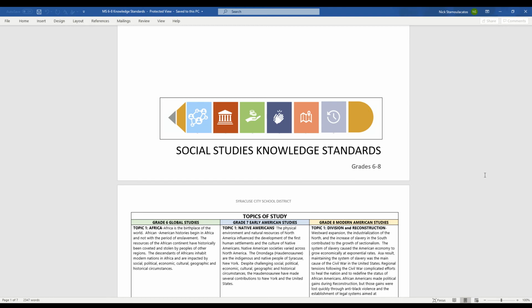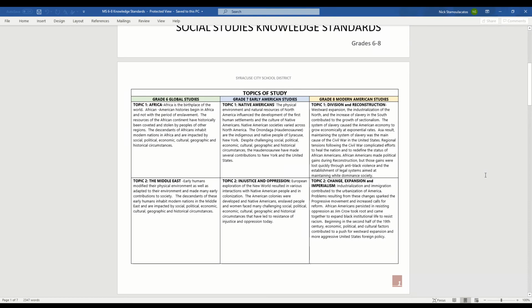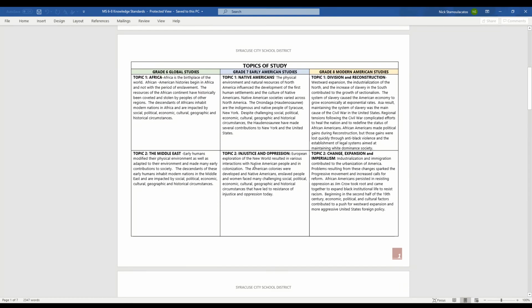You'll notice here that the document begins with topics of study and shows you in a trajectory that the grade 6 course is titled Global Studies, the grade 7 course Early American Studies, the grade 8 course Modern American Studies. And the list of topics with explanations about the topics are highlighted in the matrix as follows.